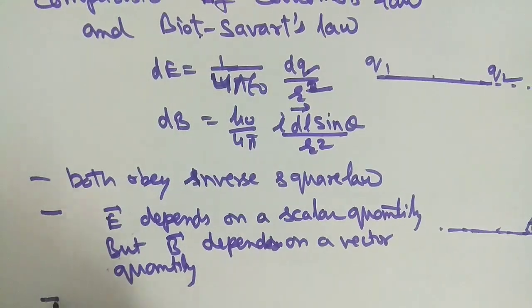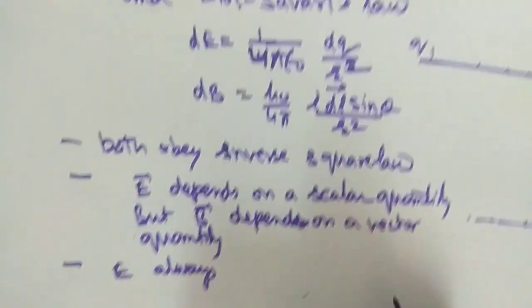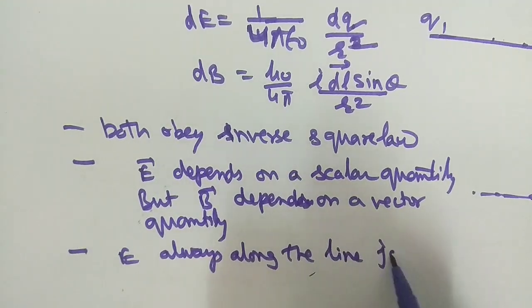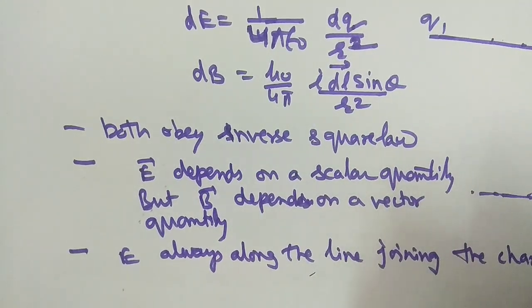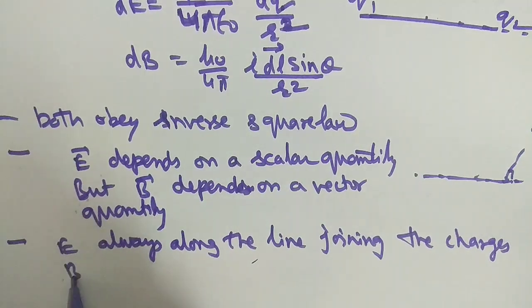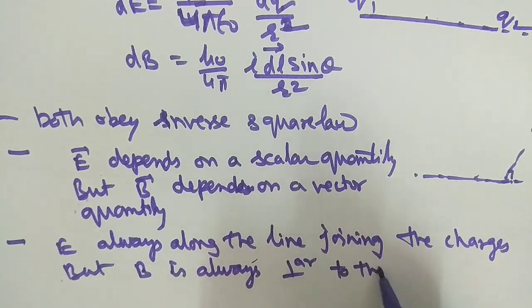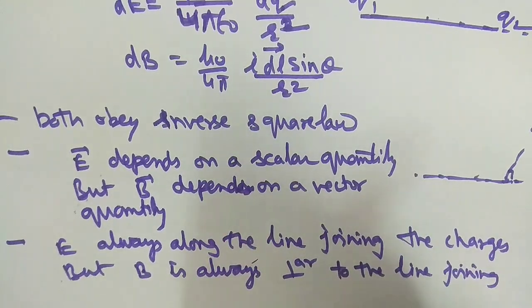So another difference: E is always along the line joining the charges, but the magnetic field B is always perpendicular to the line joining. Okay, this is another difference.